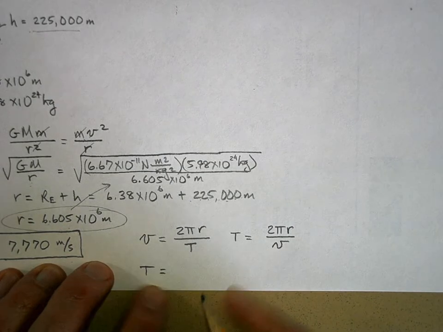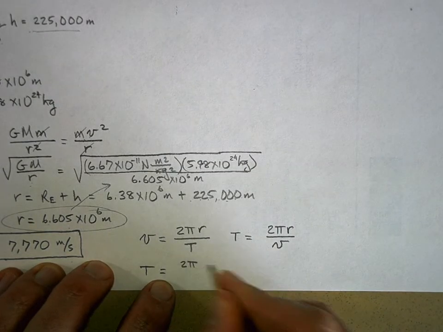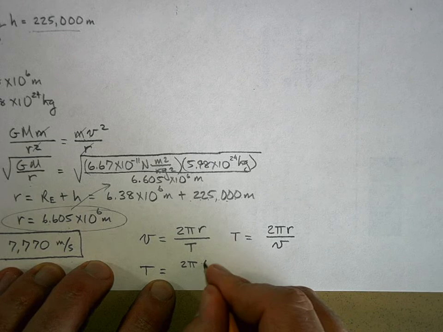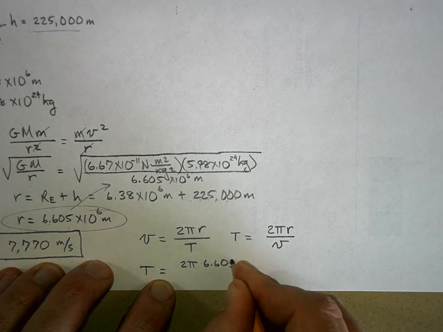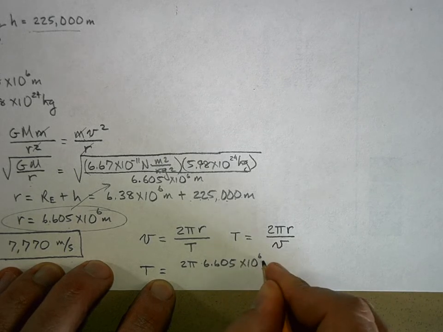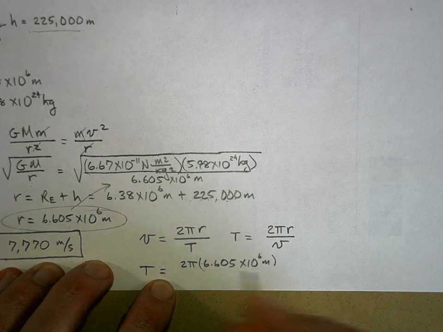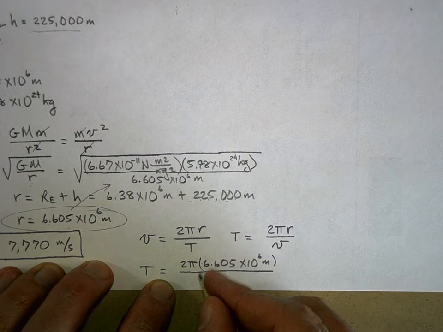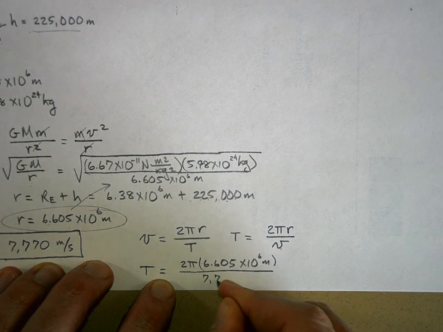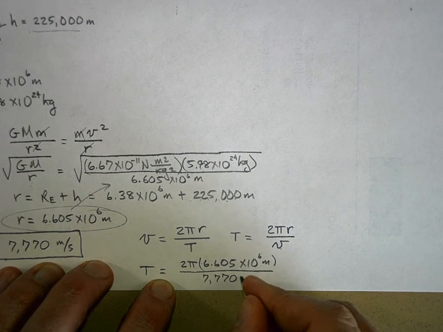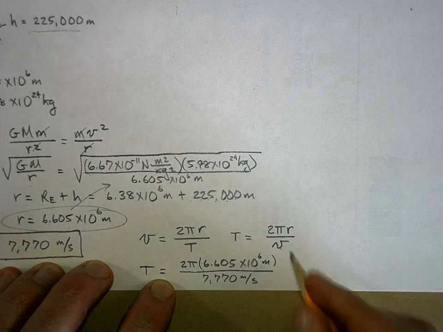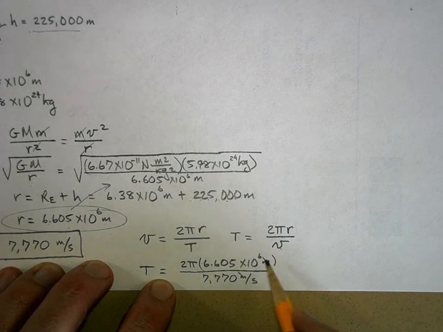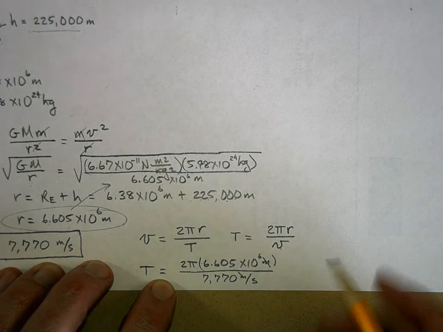So the period is equal to 2 pi times r, which is 6.605 times 10 to the 6 meters, divided by the velocity, which is 7,770 meters per second. And notice that the meters cancel. You have 1 over 1 over seconds, which is in seconds.